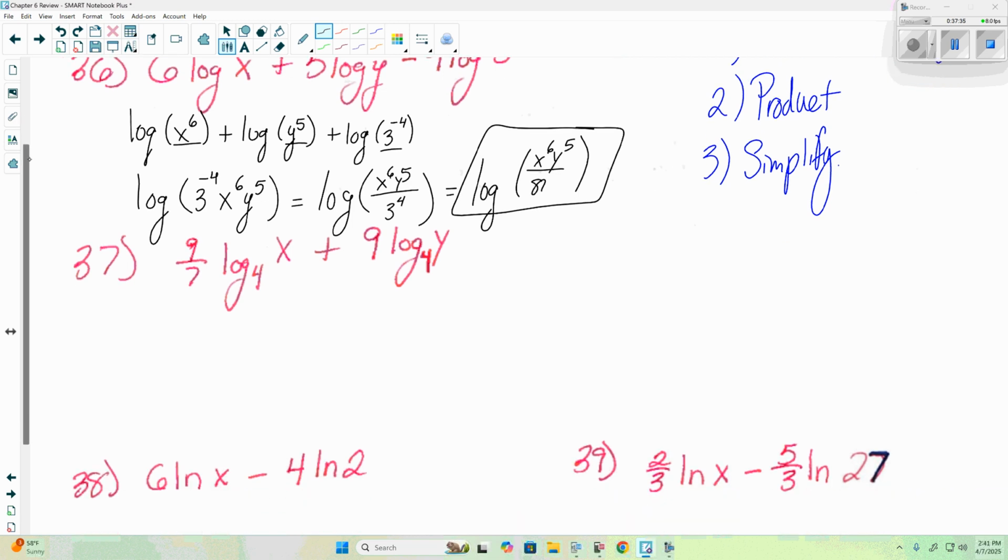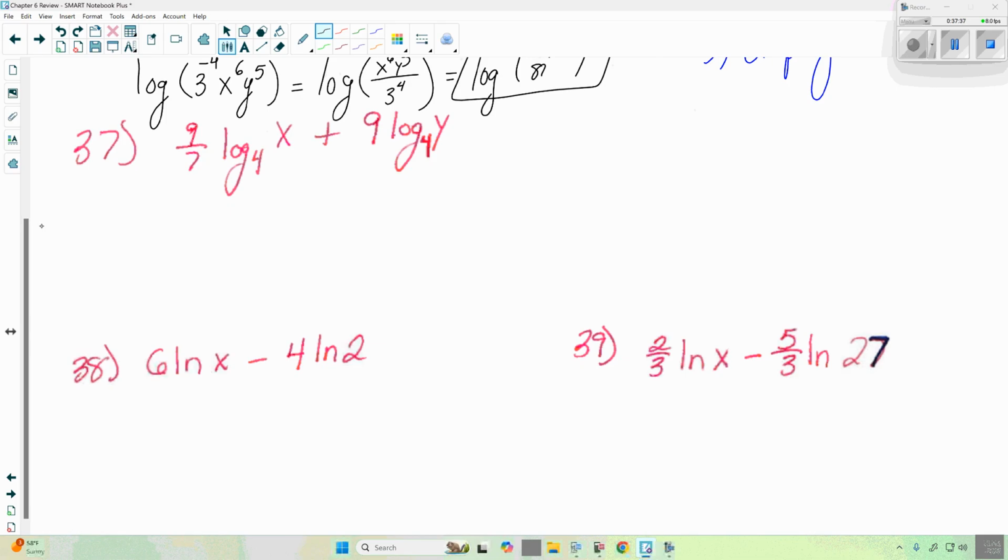All right, let's look at 37. Again, first step is our powers. So we'd take the 9/7 and move it back up to an exponent, telling us that we have log base 4 of x to the 9/7 plus log base 4 of y to the 9.